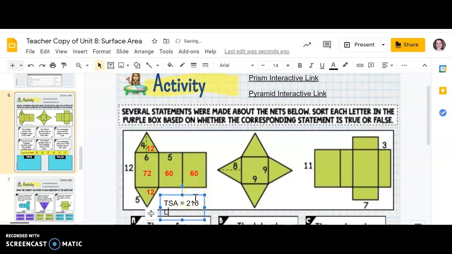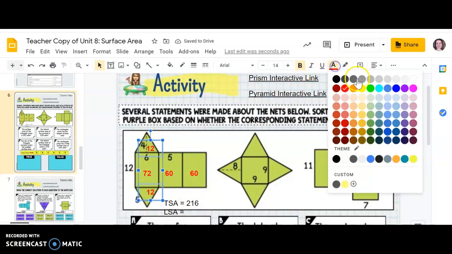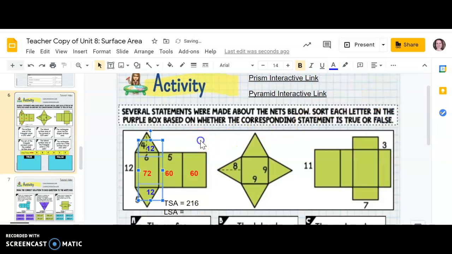Well, my lateral surface area is, let me change these colors for you. Let's make those blue. My total surface area is all of those numbers, all of the areas. My lateral surface area is just the red. The 12s are the bases because in a triangular prism, my triangles are my bases.